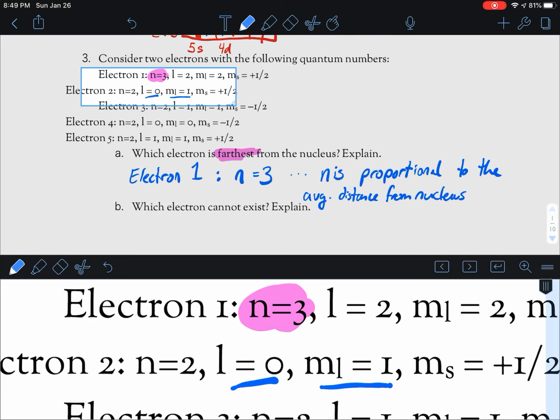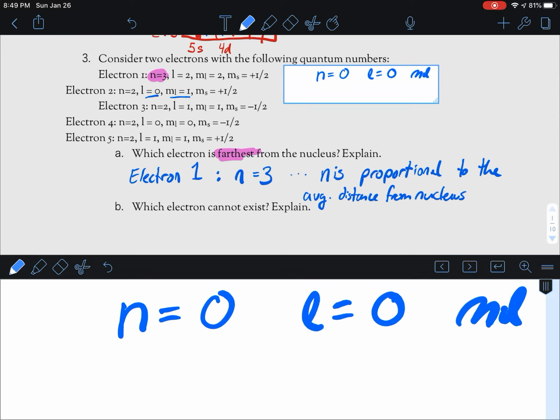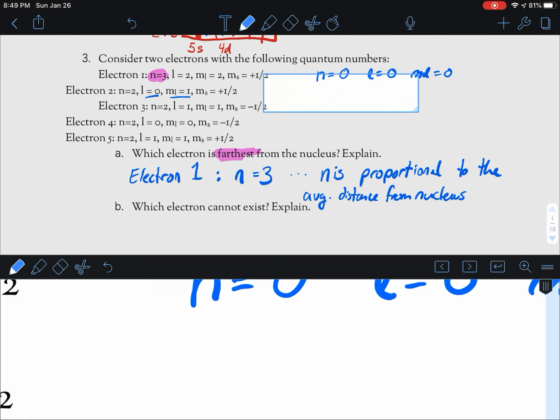Doesn't ml have to be either equal to the value of l or any integer between it and its positive and negative? I believe so. So if we think about it, for n equals 1, we have l equals 0 and ml equals 0.